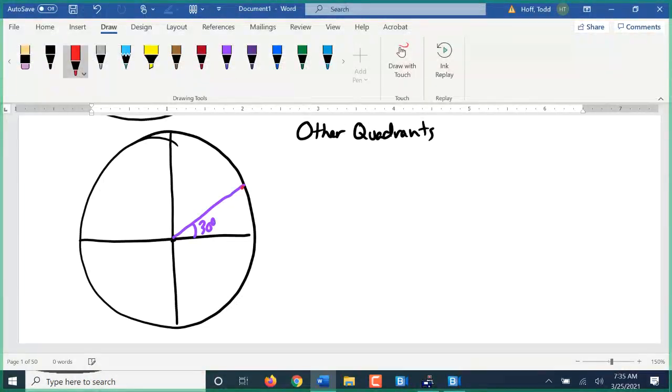And of course, this is our sine. There are four other locations for a terminal side on this circle where we have that exact same length of sine. This of course was the first quadrant.